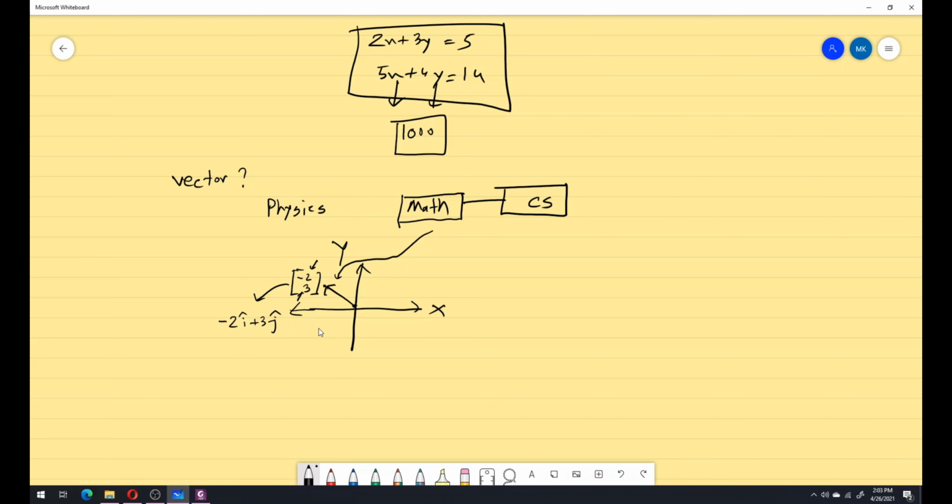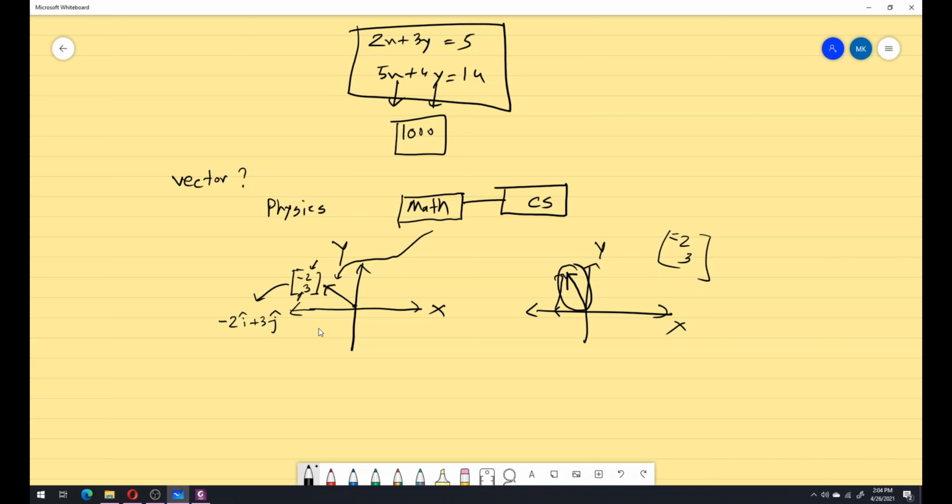For example, with the vector minus 2, 3, you go leftward along x by 2 units and upward along y by 3 units. Then from the origin to the tip you get the desired vector, which is this part that I have just circled.